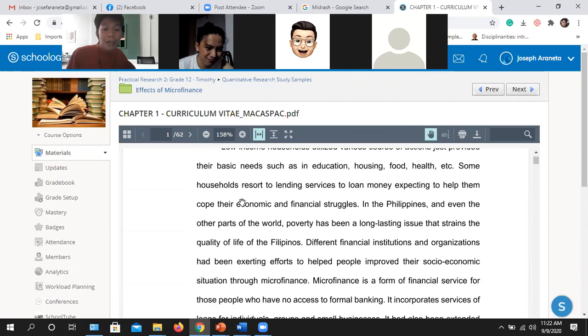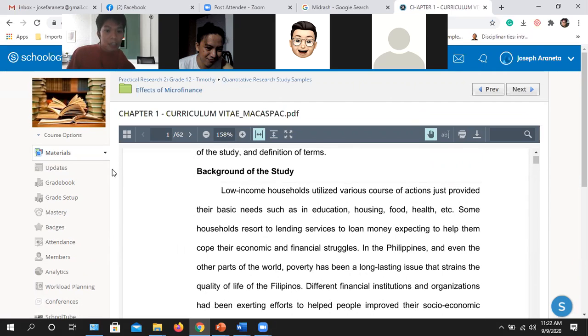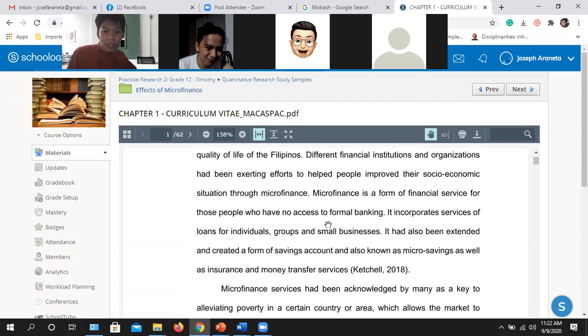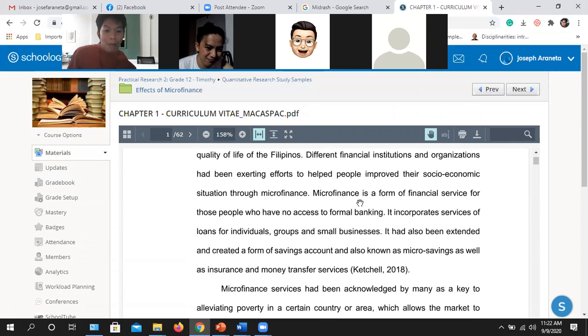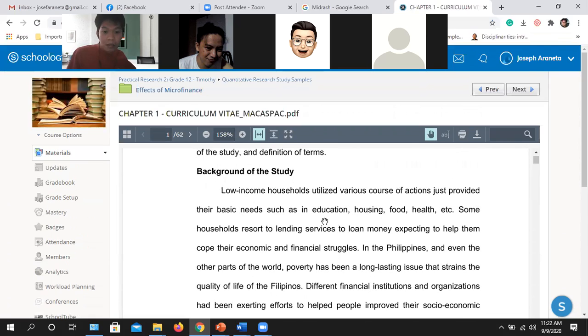So this is a specific example. The first part is the situation. It refers to the situations being observed by the researchers. So their topic is about microfinance. But before that, they set the background first. Why did microfinance exist in the very first place? First off, it's because of poverty.